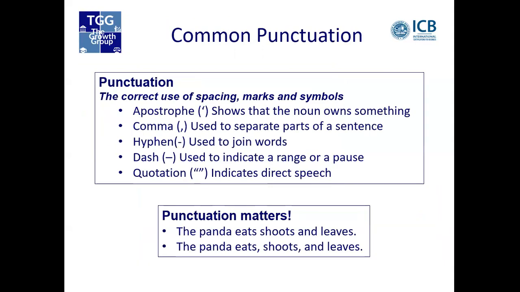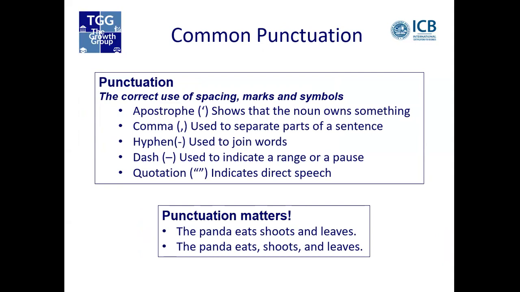Common punctuation. I already said to you that it is the correct use of spacing, marks, and symbols, and I've just given you a couple of the most common ones there so that you know when to use what. The apostrophe shows that the noun owns something, or, like your, instead of you are, and then you use the apostrophe. The comma is used to separate parts of a sentence.